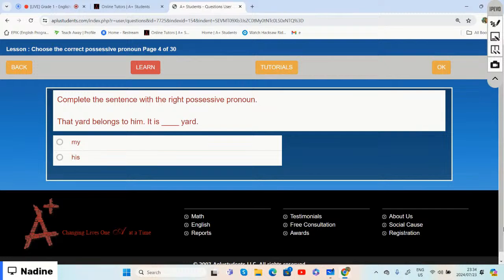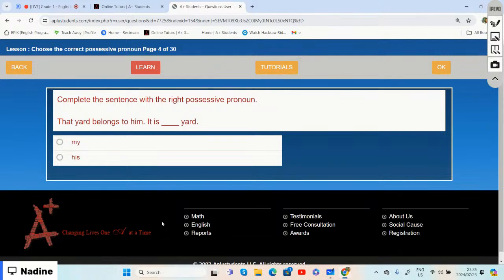The next one says that yard belongs to him. All right.